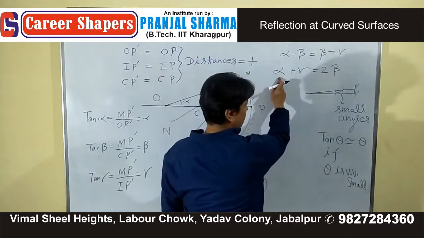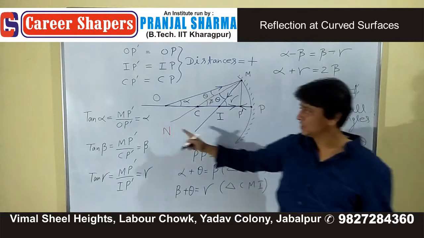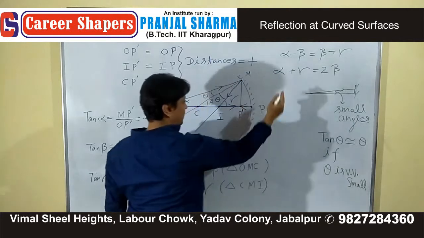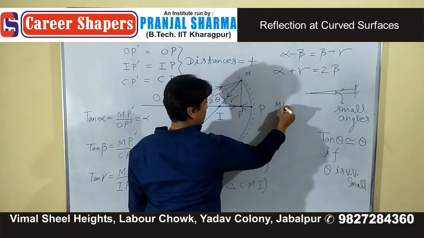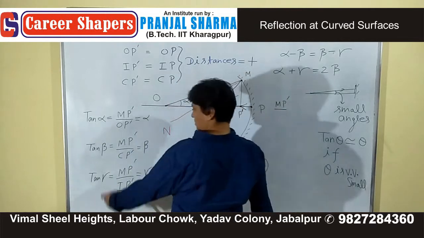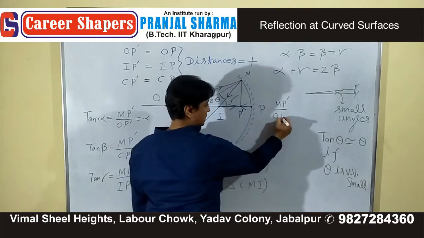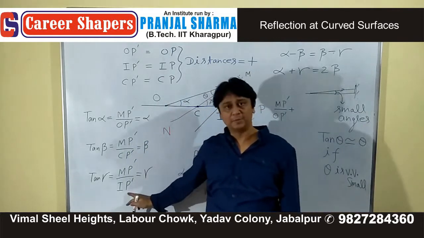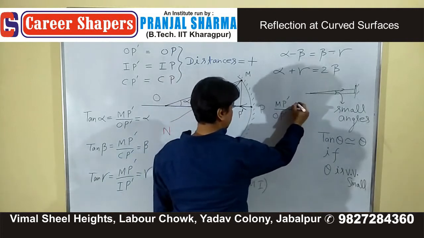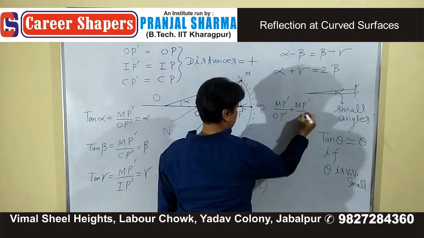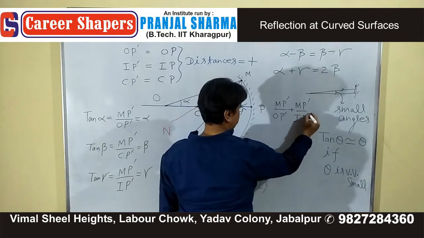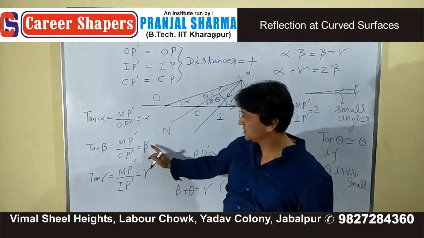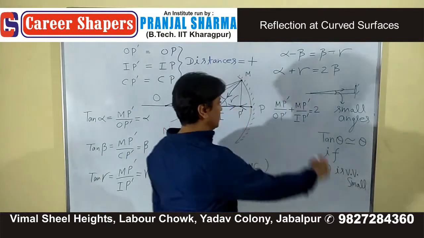Now, we have the value of alpha as MP dash upon OP dash. Let's put it here. Alpha is MP dash upon OP dash, plus gamma is MP dash upon IP dash, which is 2 times beta, and beta is MP dash upon CP dash.